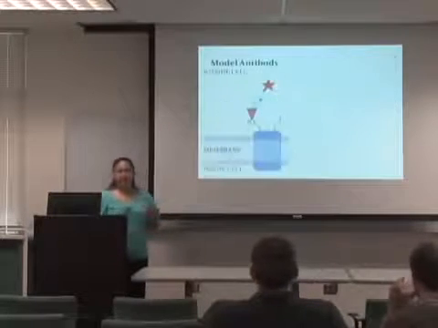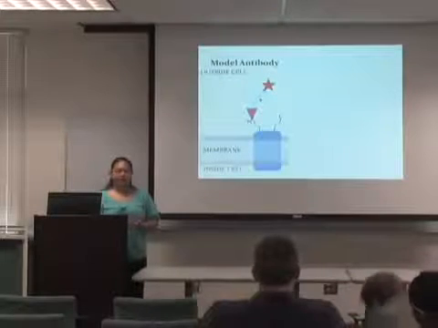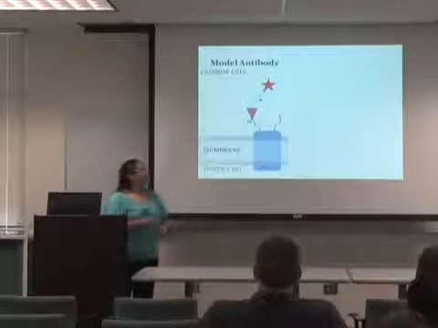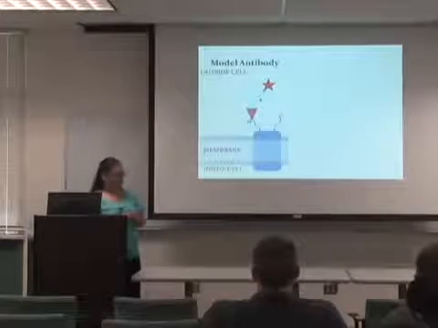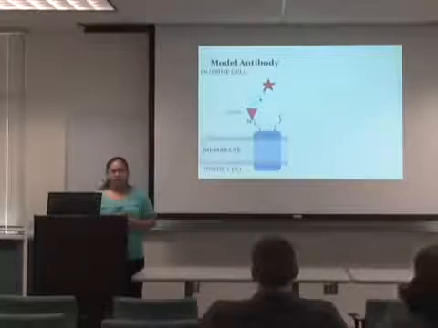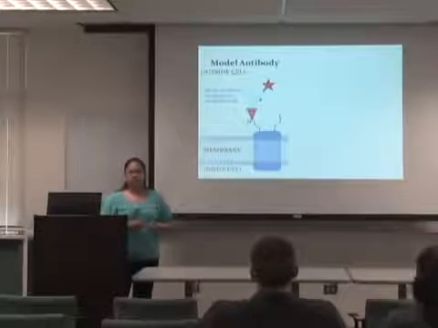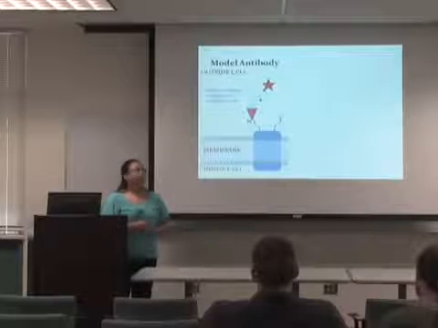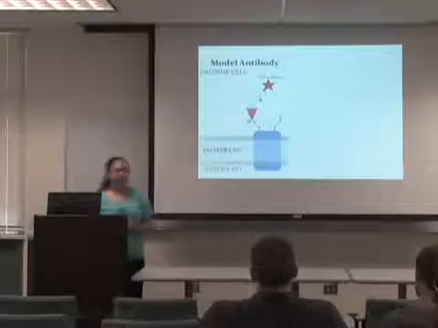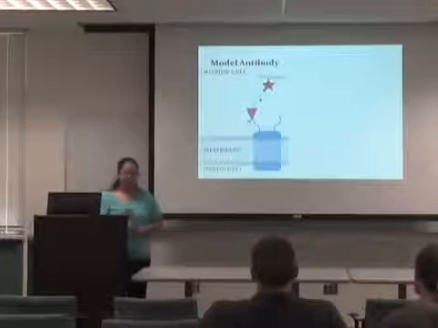So after taking the peptides and incubating them with the antibodies, the structure looks something like this. With the model antibody, we have the peptide, which is bound to the model antibody. The model antibody is conjugated to a small molecule, which binds to a fluorophore, allowing this entire structure to fluoresce.